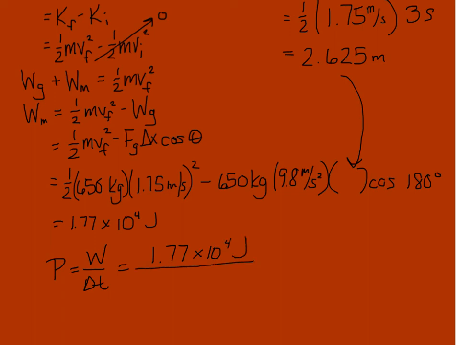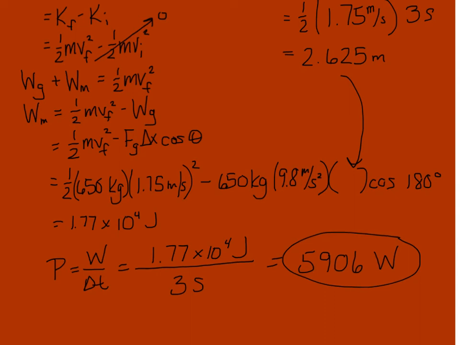And we know that the time to do this is 3 seconds. So when I divide that number by 3, I end up getting 5,906 watts. So that gives me my total amount of power.